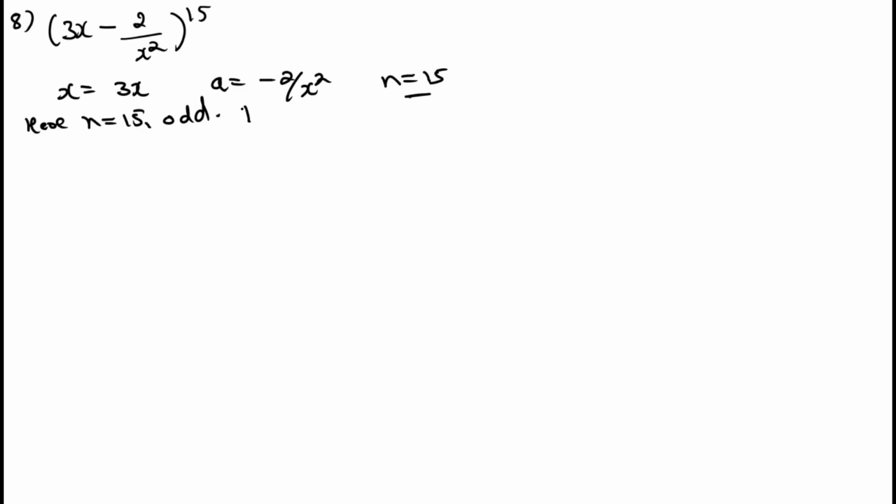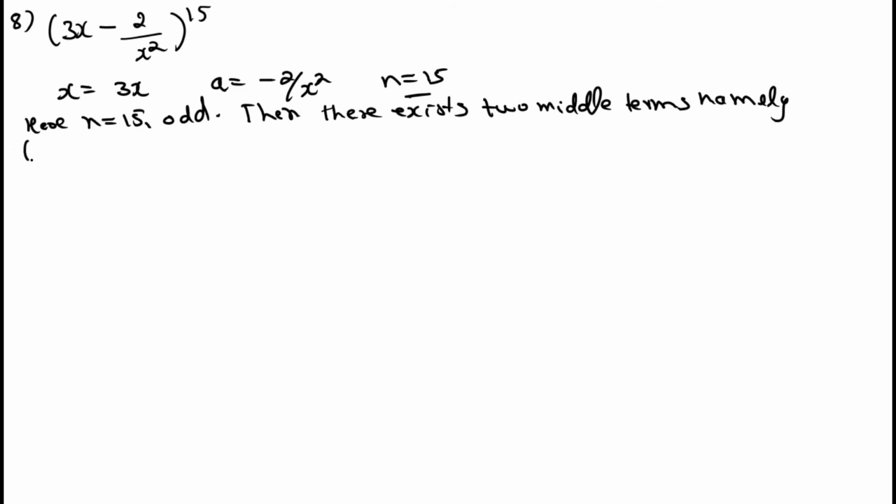Index odd, then there exist, we know, two middle terms, namely, what are the middle terms? The (n plus 1) by 2th term and the (n plus 3) divided by 2th term.